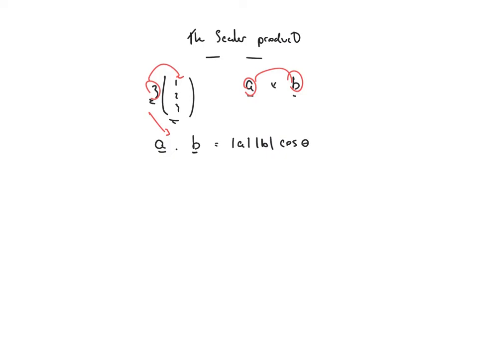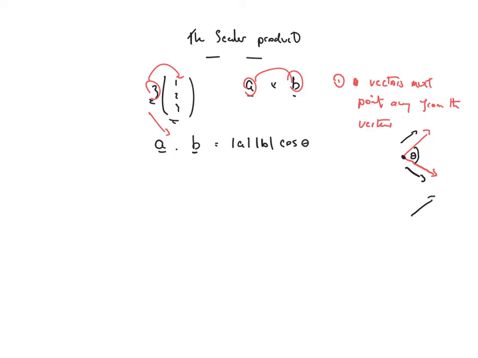Okay. Now, two points to note. The first point to take down is that the vectors must point away from the vertex. What that means is that when the vectors come together, the vertex being the point at which they meet, which creates an angle theta, the vectors must point away from the vertex.